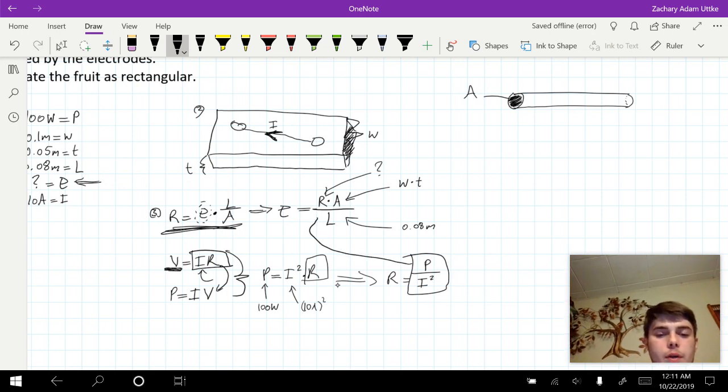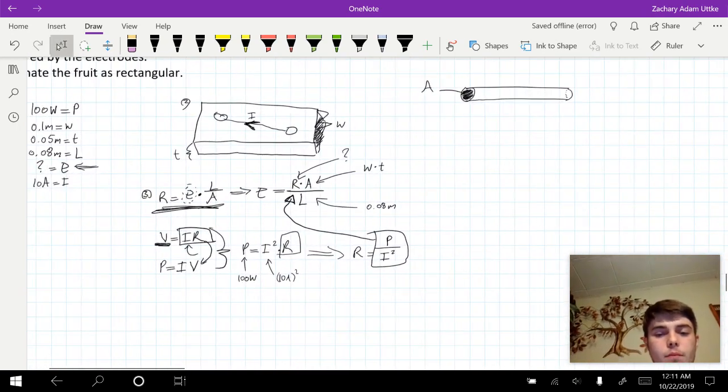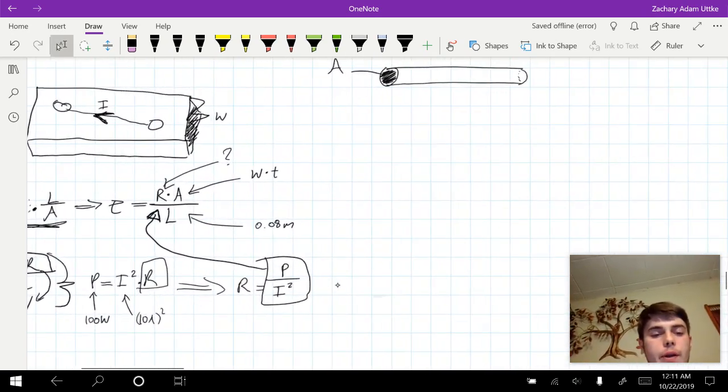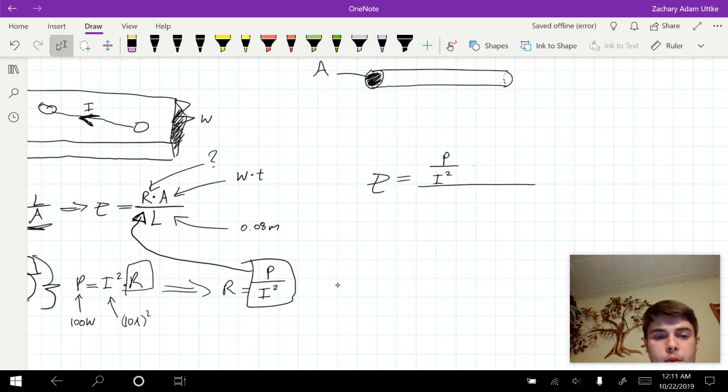We can plug it back in to our equation for resistivity, which is ultimately what we're looking for. So after rearranging all these equations, let's rewrite what rho should equal. Rho equals R, which is power divided by I squared, times the area divided by the length.